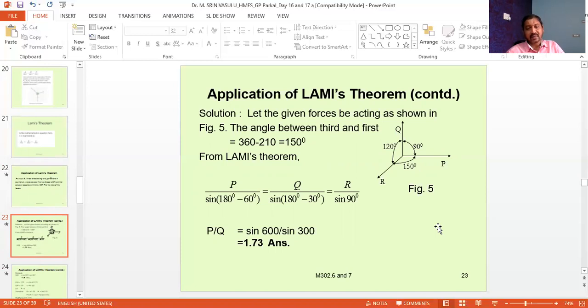Here alpha is the angle between the forces Q and R, beta is the angle between the forces P and R, and gamma is the angle between the forces P and Q. That is, whenever we take a force, the angle between the other two forces is to be taken. That you must remember. This is about today's class, and we'll discuss the remaining problems and Lami's theorem in the next class.